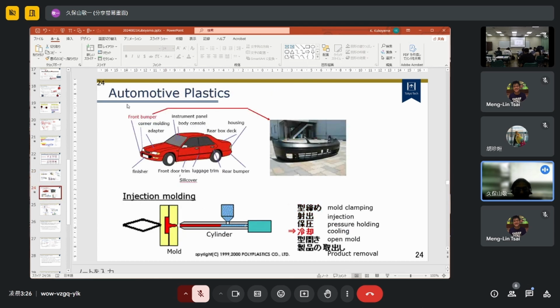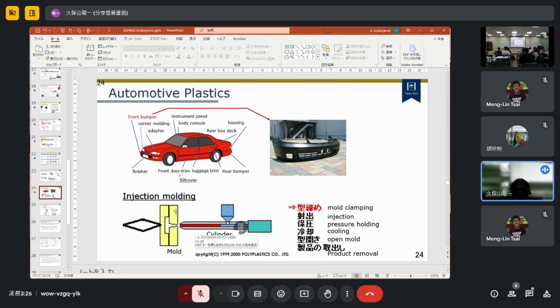For example, many automotive plastic parts are made by using injection molding. For example, the front bumper of the car is also made by injection molding.